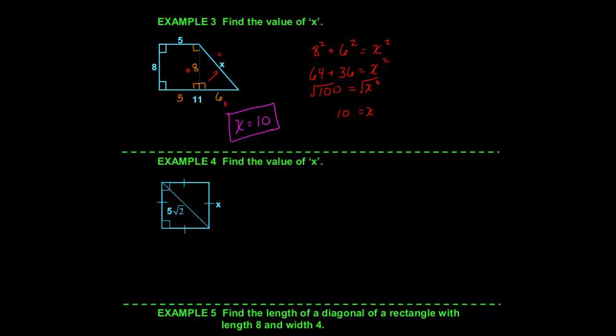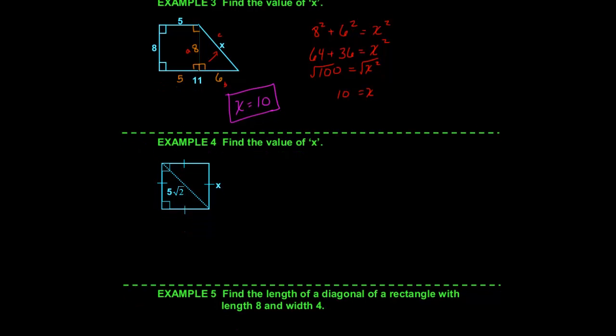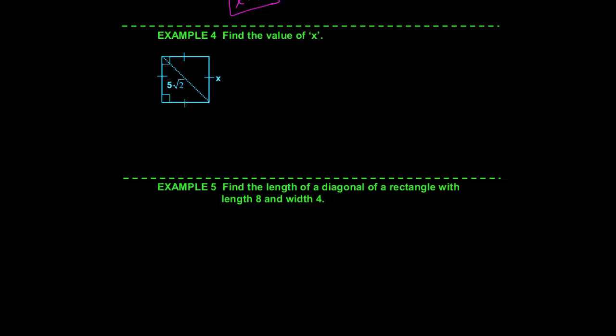Alright. Example 4. Let me scroll down just a little bit. Example 4 asks us once again, find the value of X. So let's look at what we have here. This is a little bit different. We already know that all of these sides are all the same.